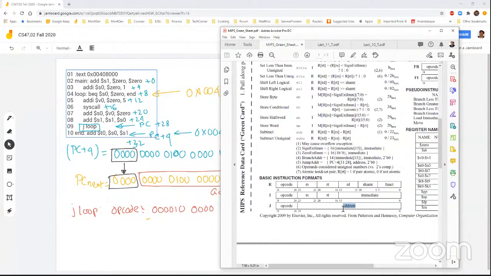To change it to hex, you group from the left side by 4. 4, 4, 4, 4, 4, 4. So it means 0, 8, 1, 0, 2, 0, 0, 2.